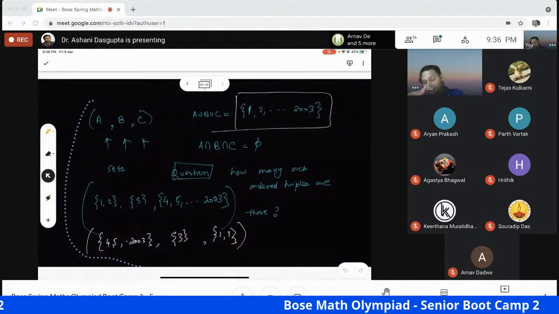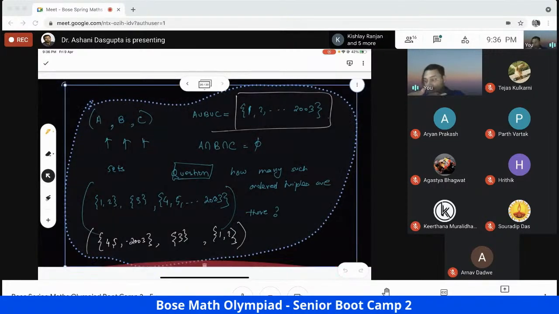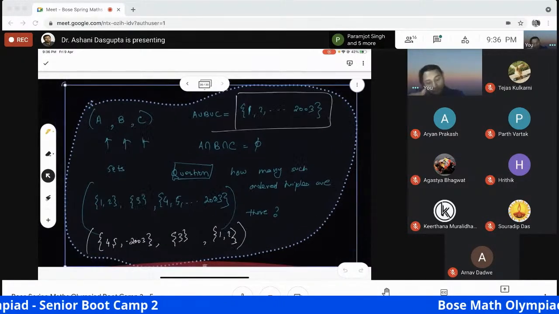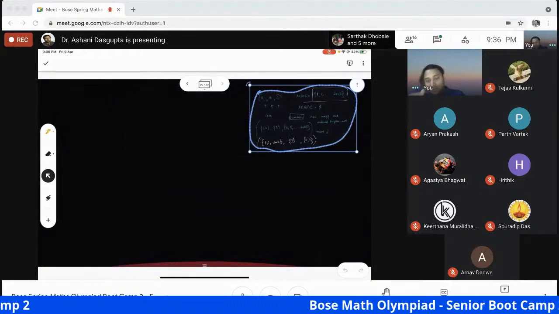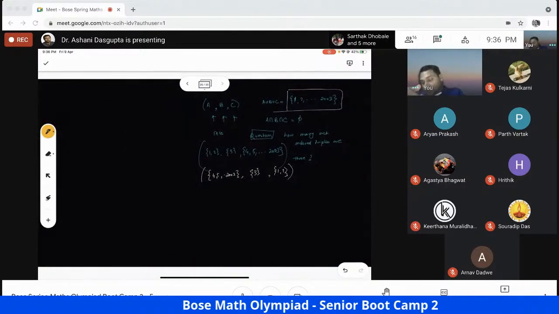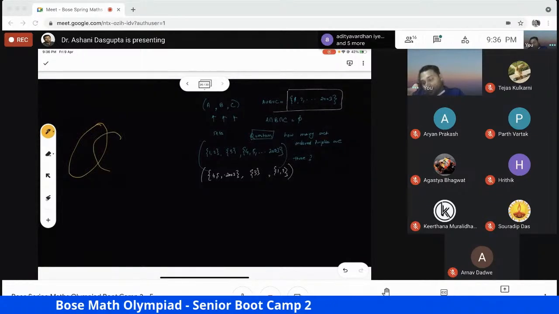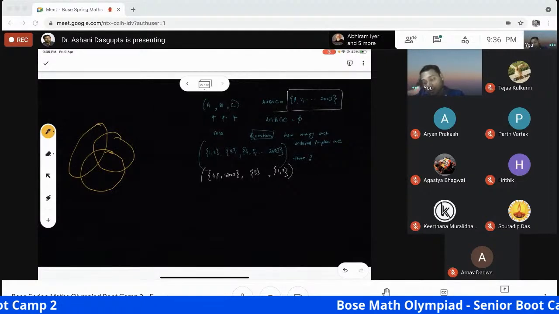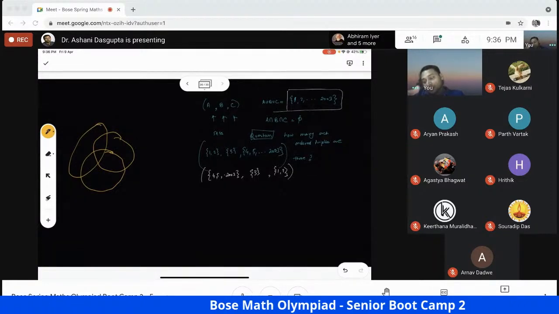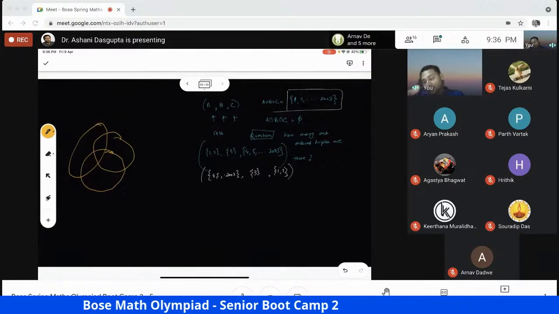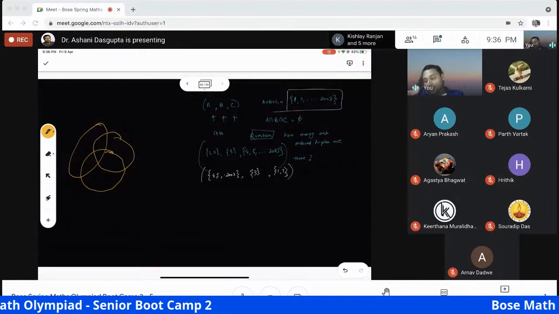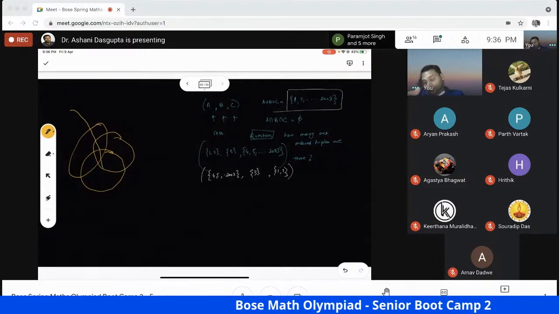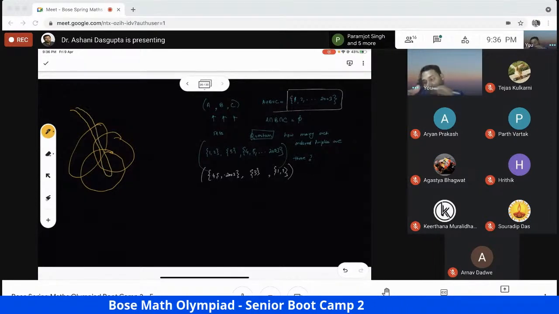what if I have 4 such sets? So if I have 4 such sets, suppose 1, 2, 3, and if I want to draw another one, I'll be in big trouble. But maybe there is one that cuts through all of them, like this.